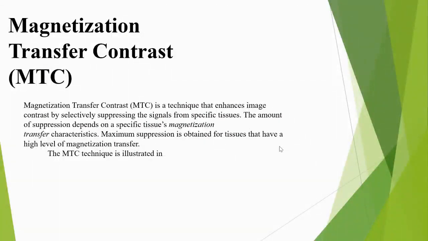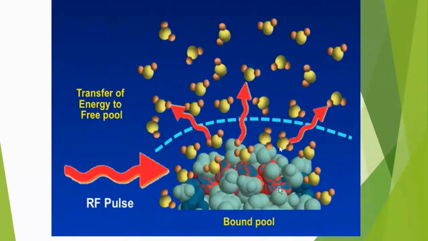There is a concept called magnetization transfer contrast, which is naturally found within our bodies. There is a term called bound molecules. There is something referred to as bound water and something else referred to as free water. In our bodies, in the tissues, there are bound molecules such as large macromolecules that have limited movement in this surrounding water environment.